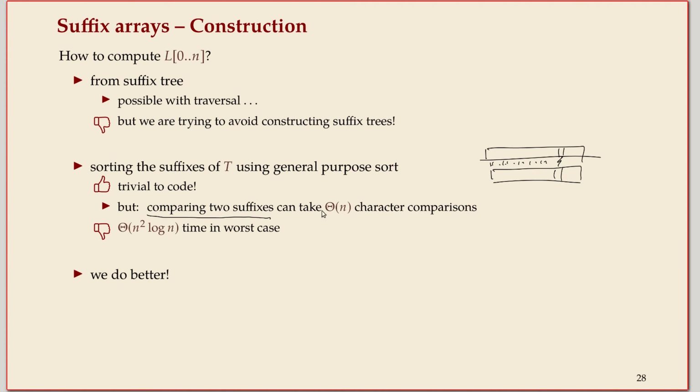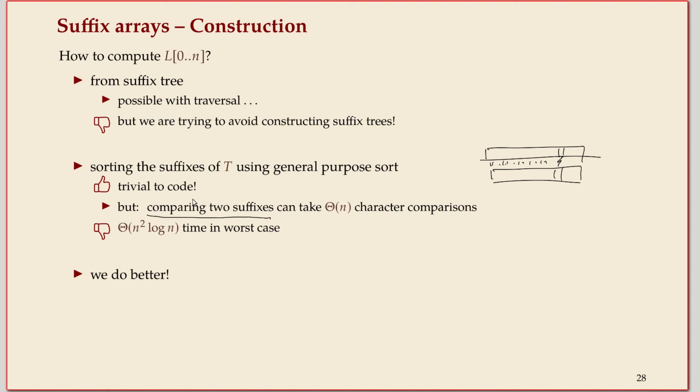So it's in principle possible that every comparison takes theta n time, because it takes theta n time to go through the entire longest common prefix, and that would result in a linear slowdown of sorting, and sorting is n log n. So that's how this comes.